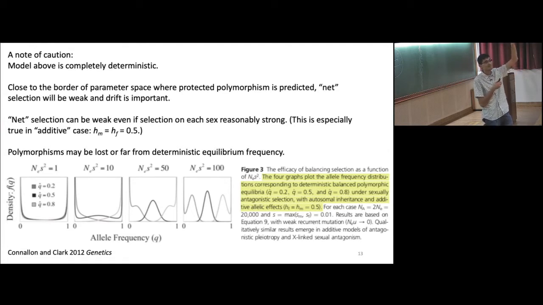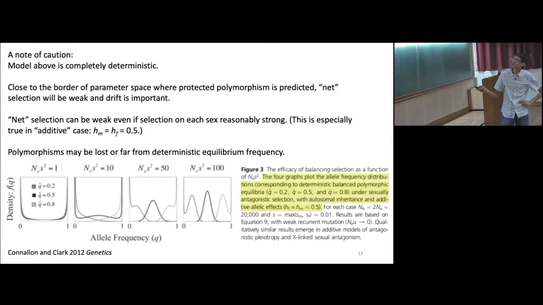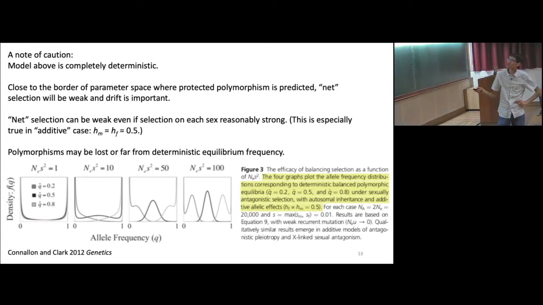You get something representing selection on the top and 1 over N or 1 over 2N on the bottom, and when you put that together, you get some Ns kind of thing. So this is when selection is strong relative to drift. These different color shaded curves represent different scenarios of what the equilibrium frequency is supposed to be. In this example, the equilibrium frequency is supposed to be 1/2.